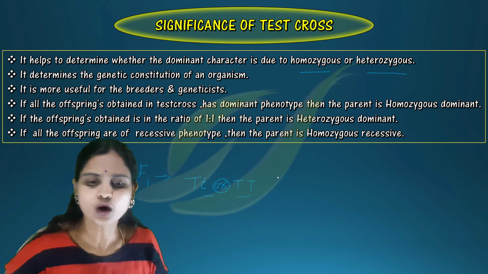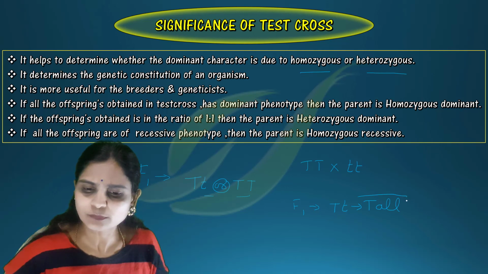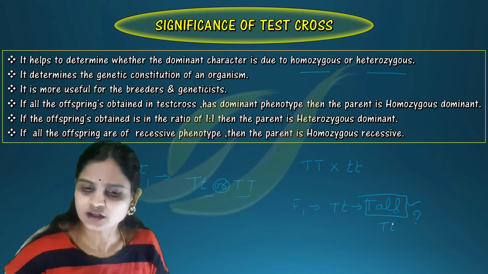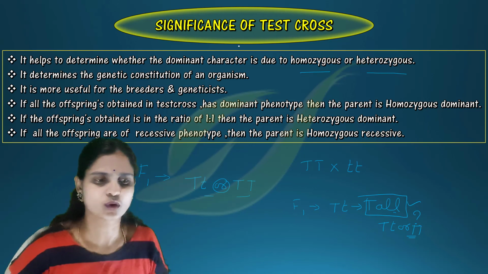When you cross tall with dwarf, in the F1 generation you get capital T small t and all plants are tall. Physically you see tall, but the question is whether this tall is heterozygous or homozygous. To know this, we do the test cross.